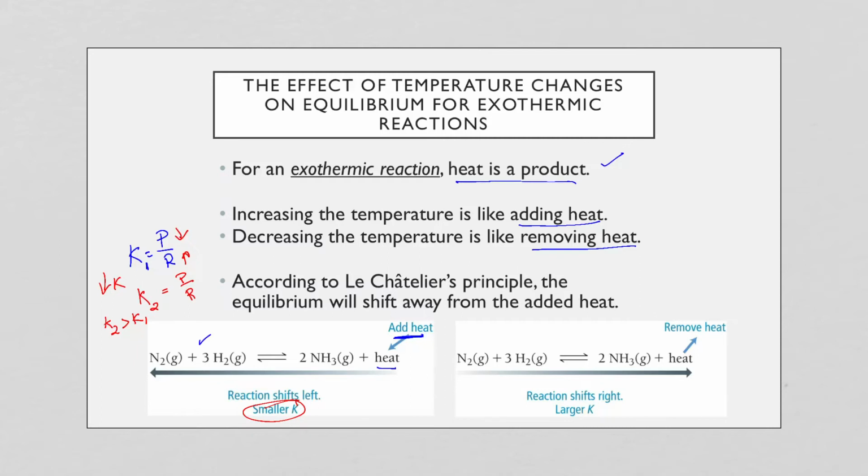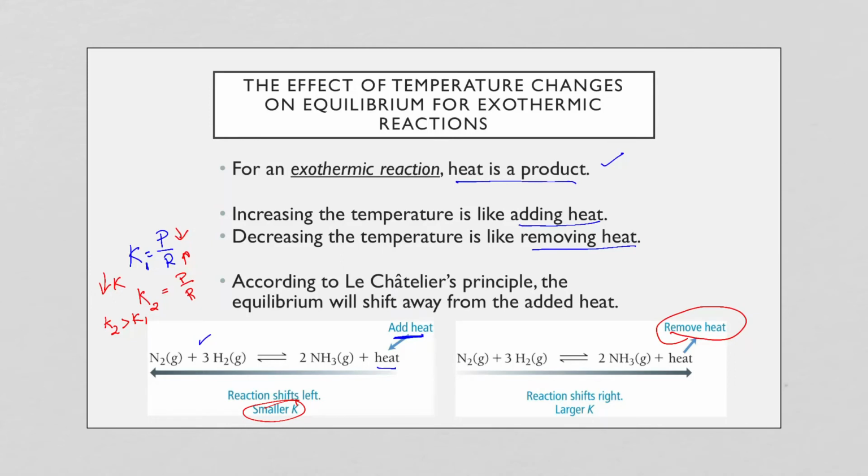Now, of course, exactly the opposite is going to happen if I remove heat or lower the temperature, because that's like removing a product from an exothermic reaction, so it's going to push the reaction toward the products, which is going to cause K to get bigger.